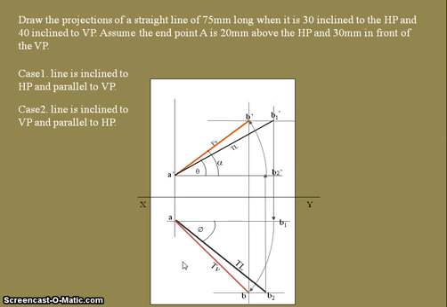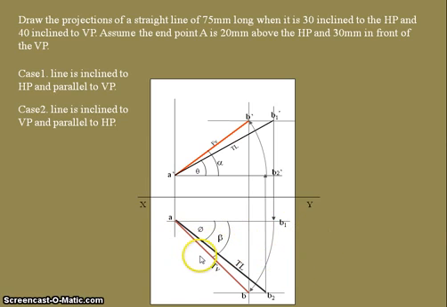Like this, by considering the two cases we have to draw the final front view and final top view for a given straight line. Directly we cannot draw the final front view and final top view for a given straight line. Here I want to represent one more element. We forgot to represent the apparent angle.